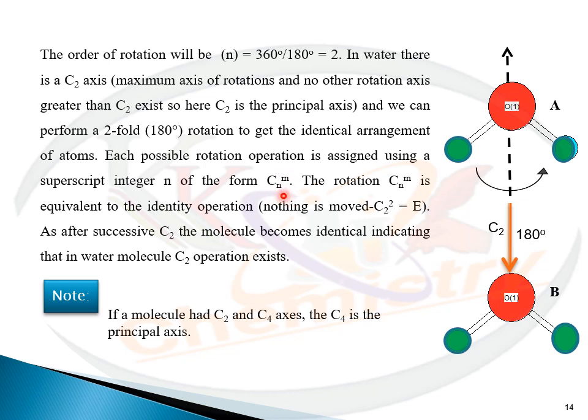Cn means rotation, m means how many times. In the water molecule, C2 means 180, 1 means once. So this representation is used for this purpose.